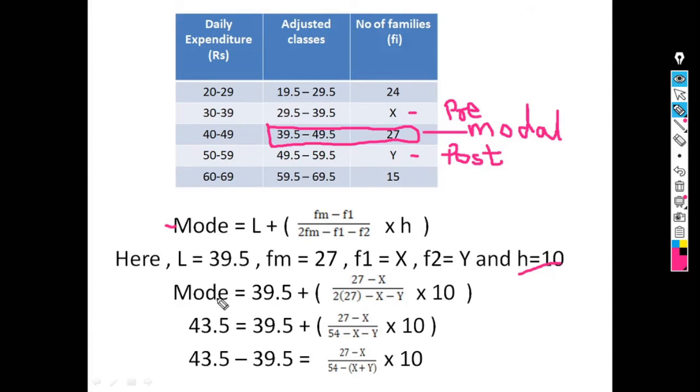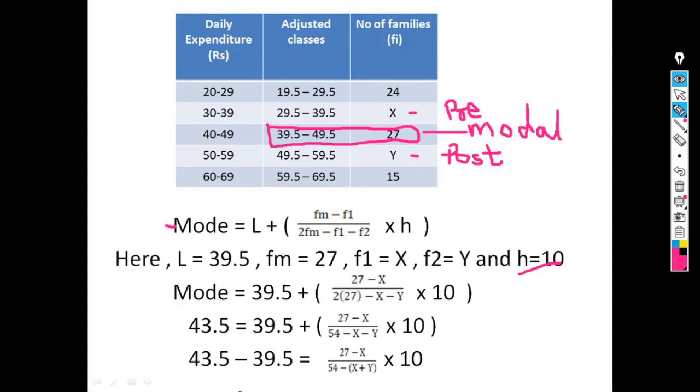So the value of mode is 43.5, which equals 39.5 plus (Fm is 27 minus F1 is x) divided by (2 into Fm, 2 into 27, minus F1 is x minus F2 is y) into 10.